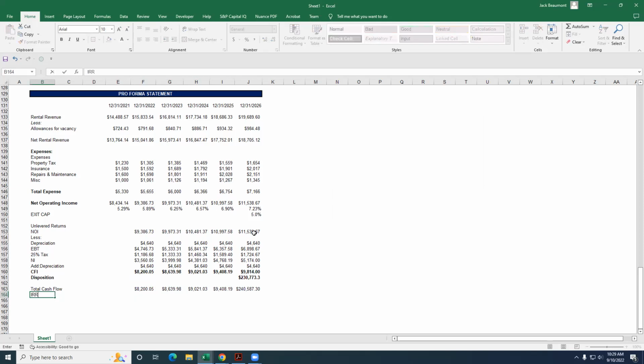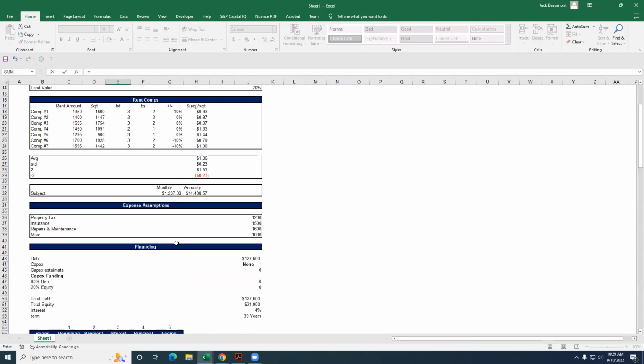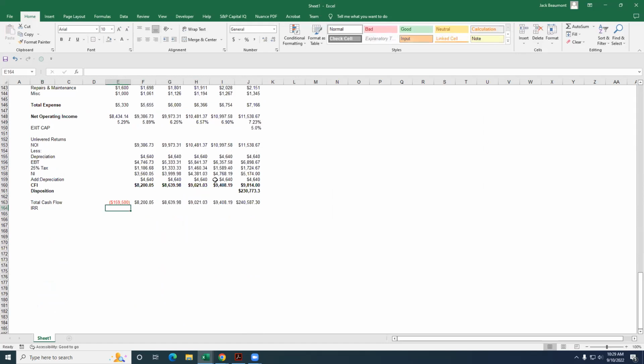And let's do IRR, internal rate of return. In the first year, we're going to have a negative cash flow because we're going to pay for the whole asset in cash, because this first one is unlevered. We're assuming no debt, so we're going to pay for that whole thing up front. So full equity here. We're going to do this thing called XIRR.